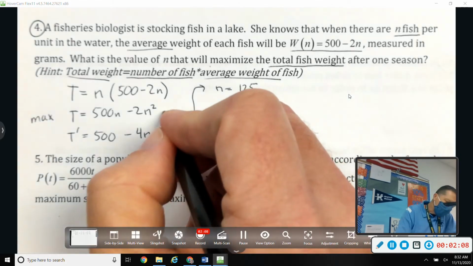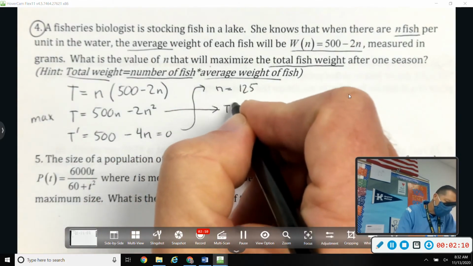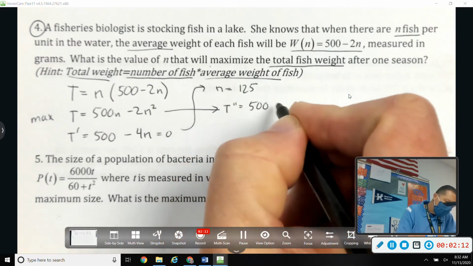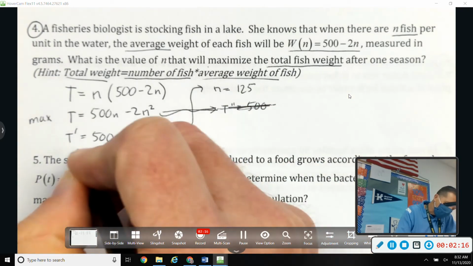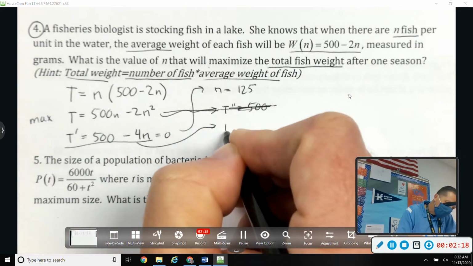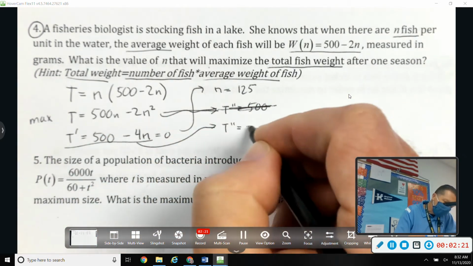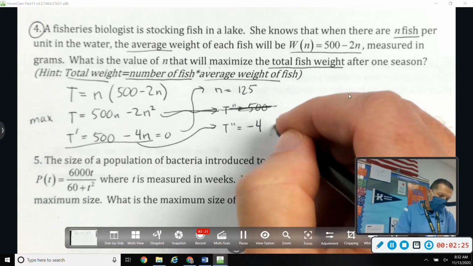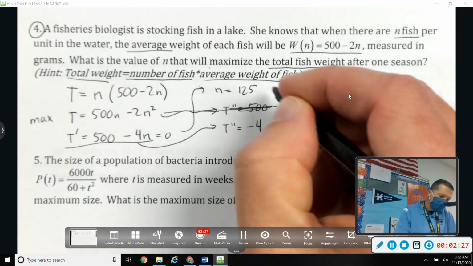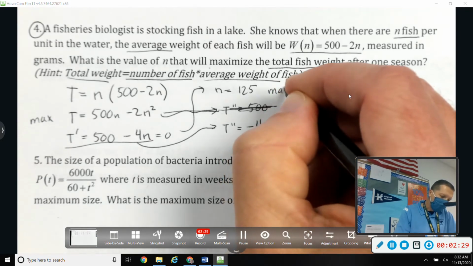But we need a second derivative to sort of verify that. Second derivative, so I better start at the first derivative. Second derivative would be negative 4. Oh, I like that as a second derivative. So that means we're concave down, and N equals 125 is a max.